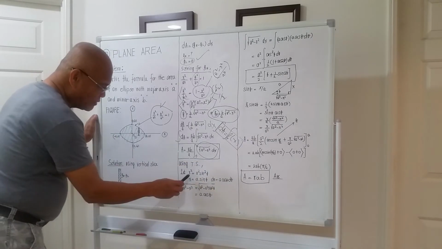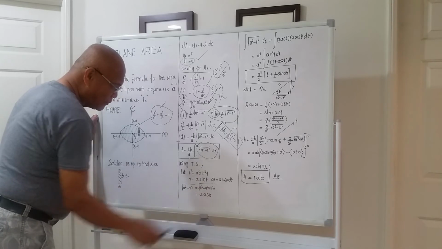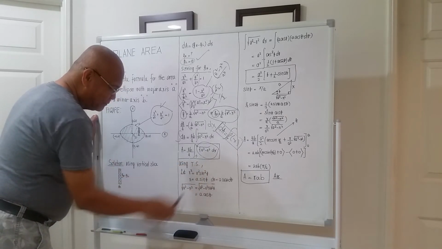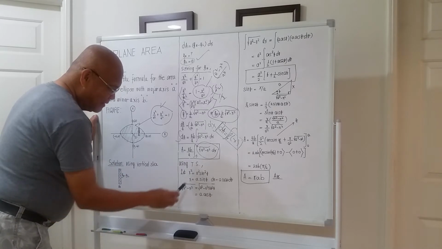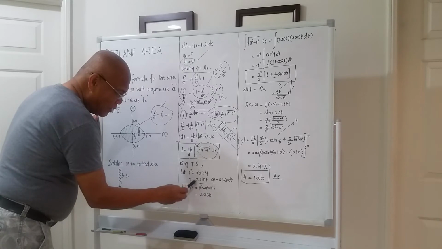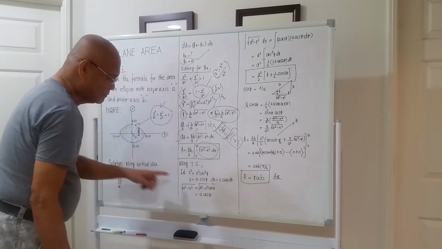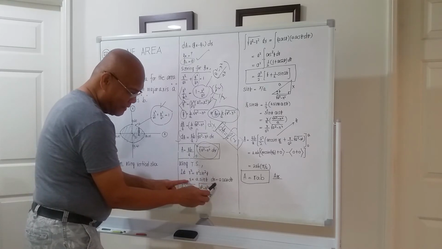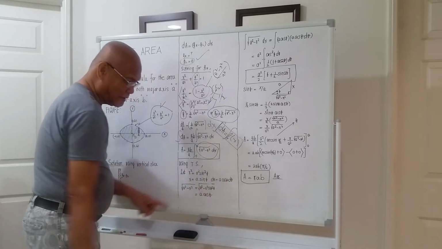We will let x squared equal to a squared sine square of theta. Taking the square root of both sides, x now will be a sine of theta. Taking the differential of both sides, dx now will be a cosine of theta differential theta.